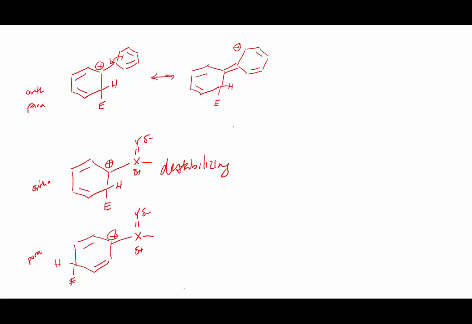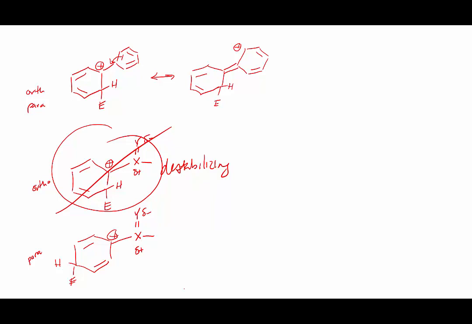That third resonance structure, it's not valid. So in my PowerPoint notes, you'll see I did this. I have 3 for each addition, and then for ortho and para, I've got a big circle drawn through it. Because that resonance structure was the key to being more stable for activating, but when you put a deactivating group on, what happens? It destabilizes it. So now I basically have for ortho and para, I've got 2 resonance structures of the intermediate.